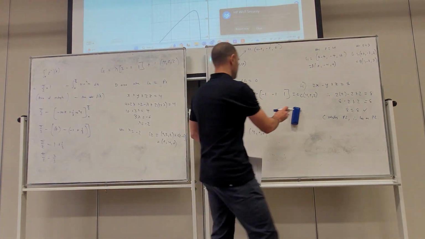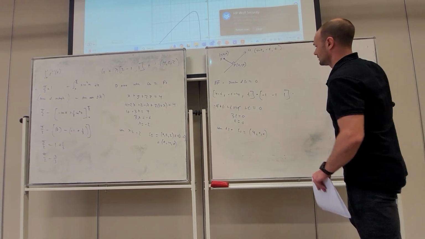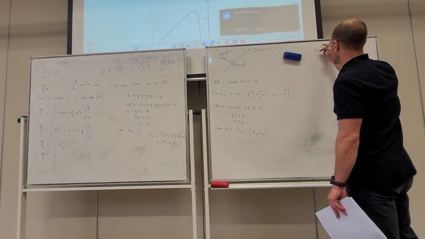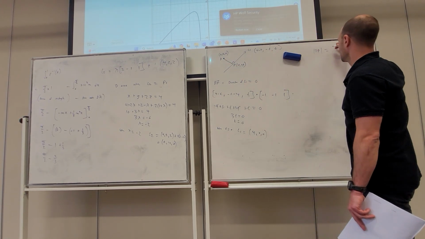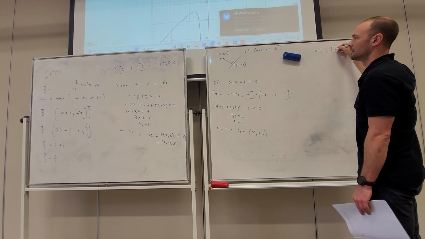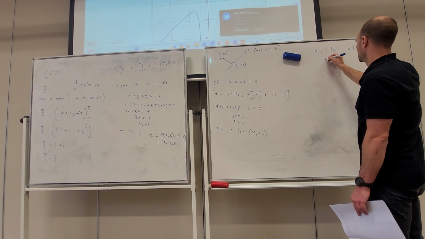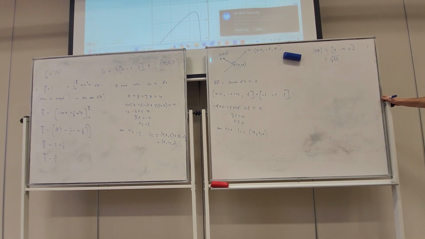So the modulus of DP. The vector from D to P is just going to be 4 minus 4, 0, and this has a modulus of root 32. Okay, so that's how far it is from D to P, so that's the first part of it.